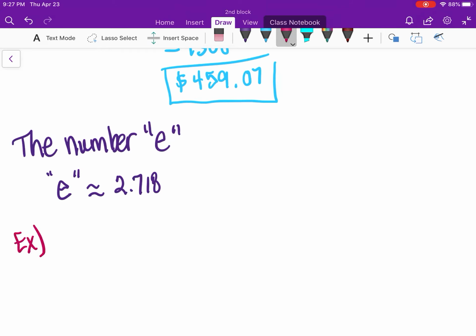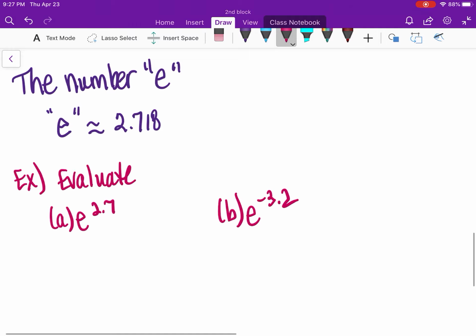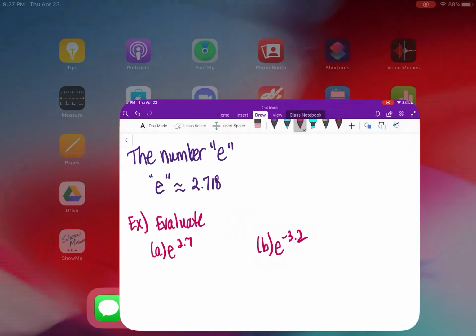So on this example, just to practice using your calculator, number E, we want to evaluate. For A, we have e to the 2.7. And for B, we have e to the negative 3.2. Now, for both of those, I have an exponent on the e.